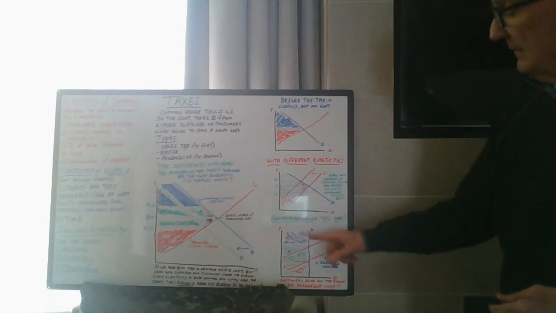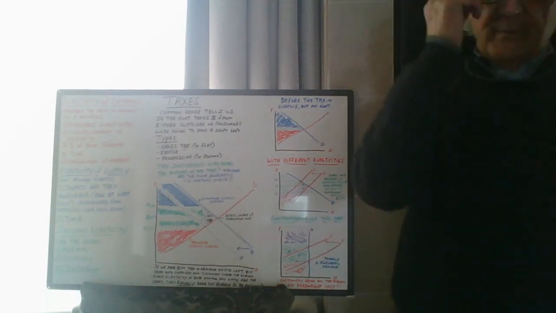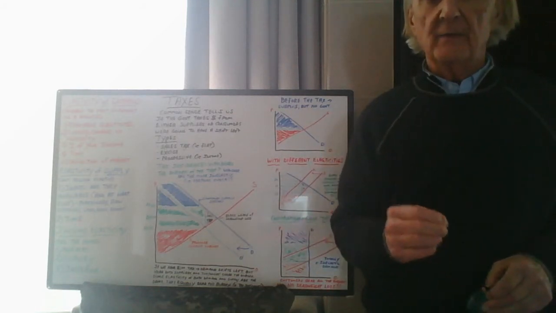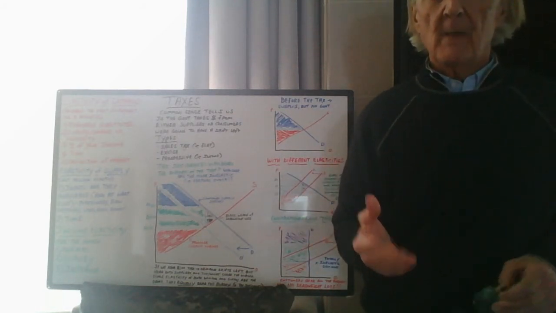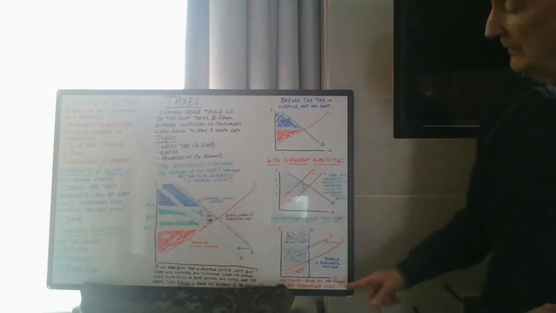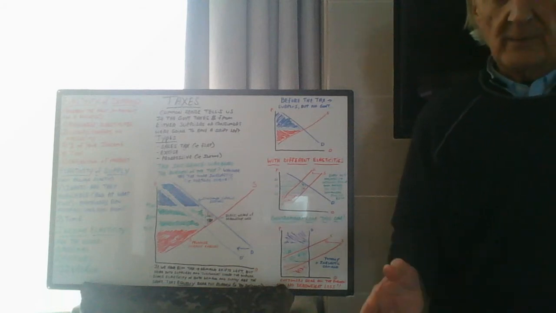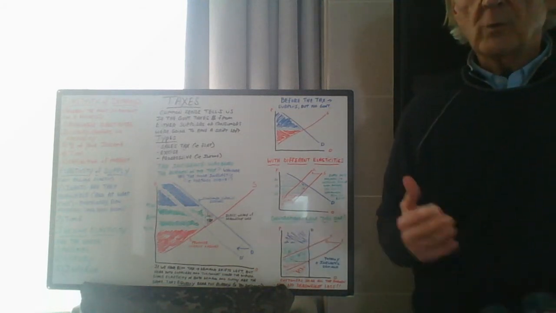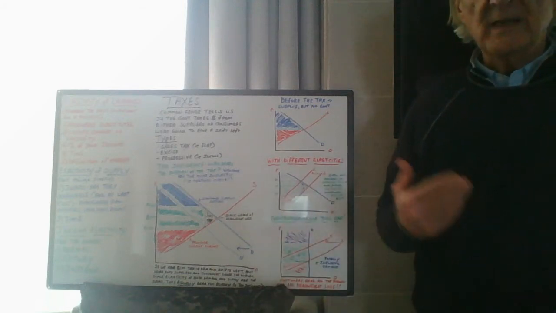And that's why governments love to tax inelastic goods and services. If you notice, this is the only one that has no dead weight loss, because there's no drop in the quantity that's being transacted.